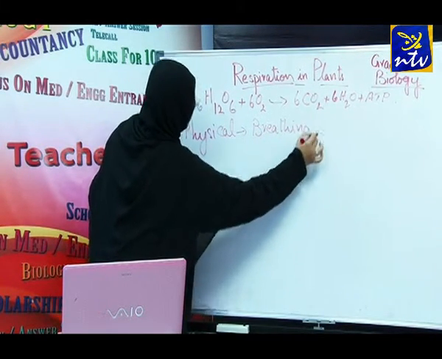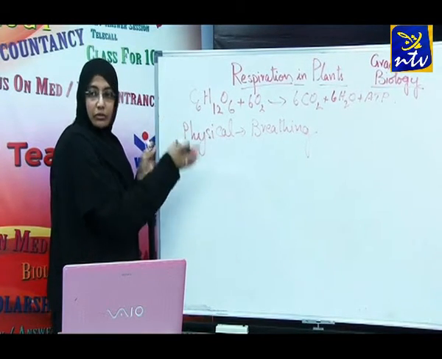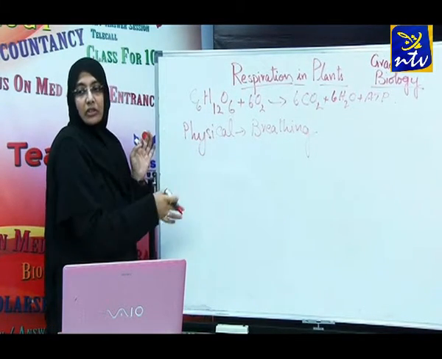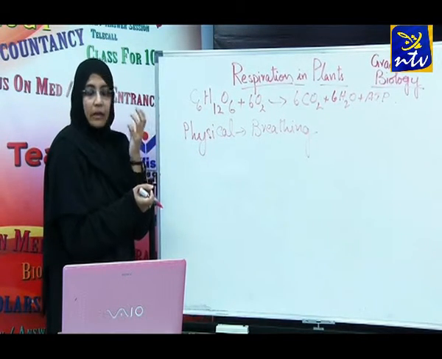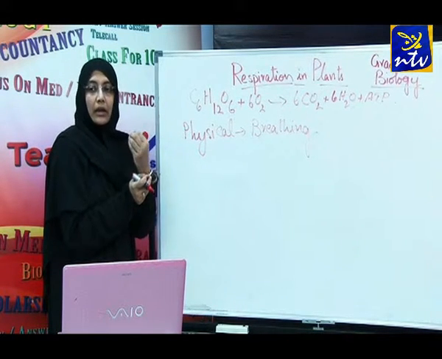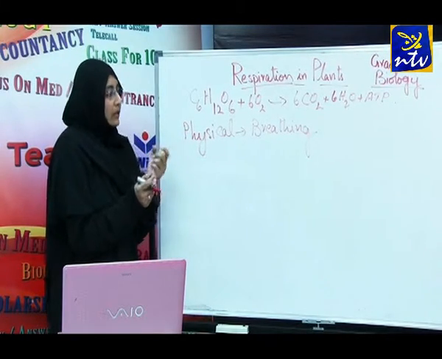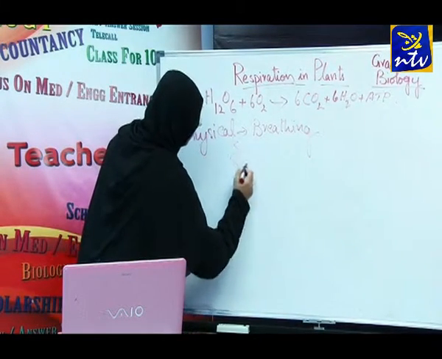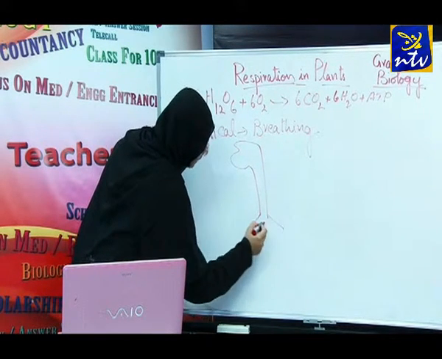There are many organs related to breathing. These organs together we call the respiratory system. We take the air, which contains more oxygen, through the nostrils, and it reaches the lungs.